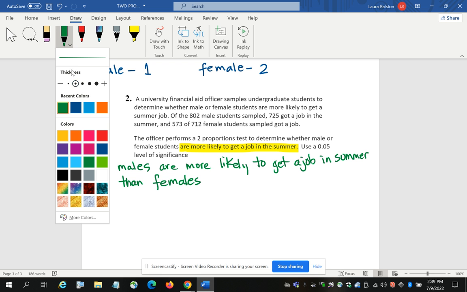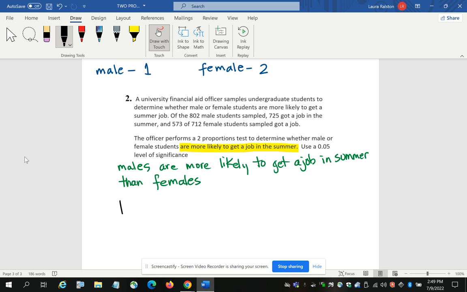So the first thing I need to do is, as always, state my hypotheses. I have to think for a minute, what does it mean, "are more likely"? Well, to me, that seems to imply that it's greater, that more males are going to get a job in the summer than females. So this is greater than, so that's going to make it the alternative.